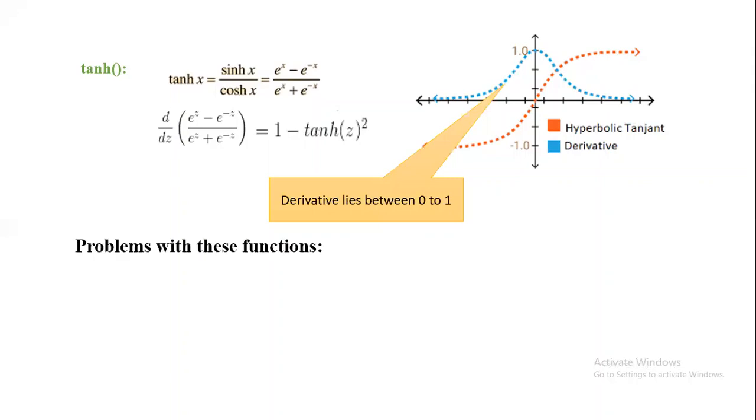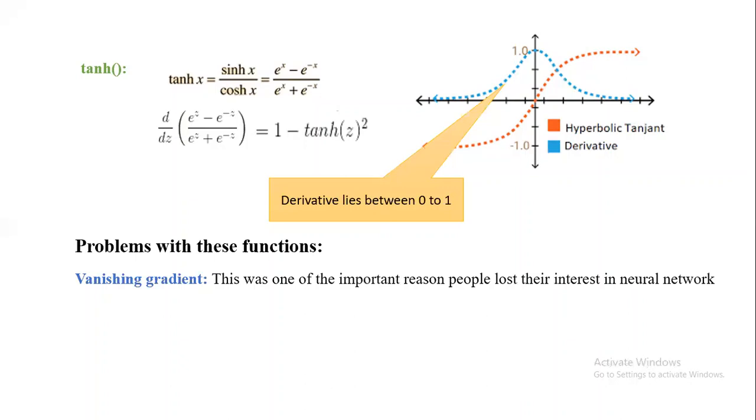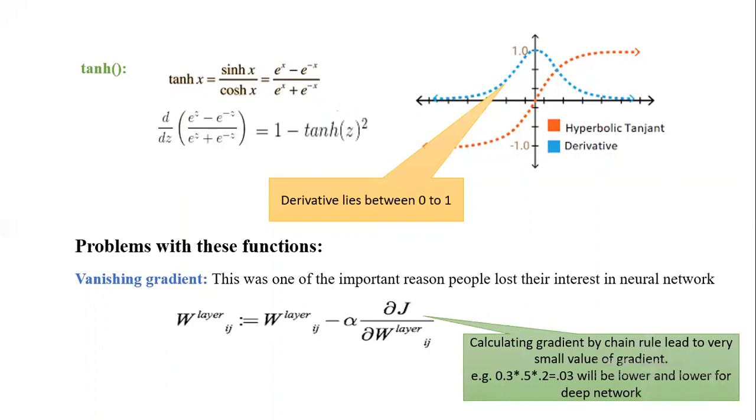The problem with these functions is vanishing gradient. This was one of the important reasons people lost their interest in neural networks. Suppose this is the updating equation we have already seen. Calculating the gradient by the chain rule leads to a very small value of gradient. As we have seen, the gradient of sigmoid lies between 0 and 1, so it is always less than 1.